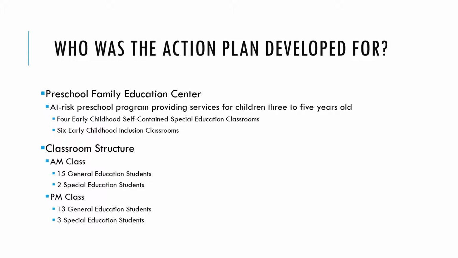My afternoon class has 13 general education students and 3 special education students. 2 of the special education students are identified as having a developmental delay for social emotional and academic reasons. The third student has been identified as having an orthopedic impairment.